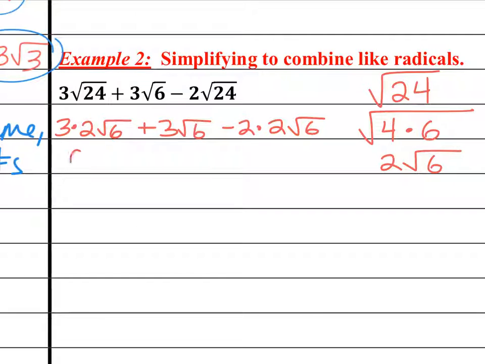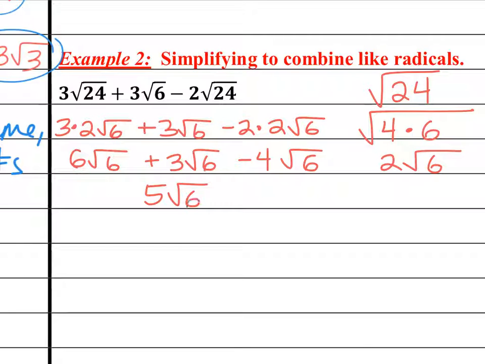So that would be 6 root 6 plus 3 root 6 minus 4 root 6. And we're going to add and subtract, so that would be 5 root 6, because these are like terms now.